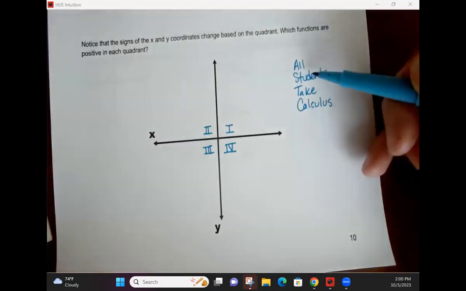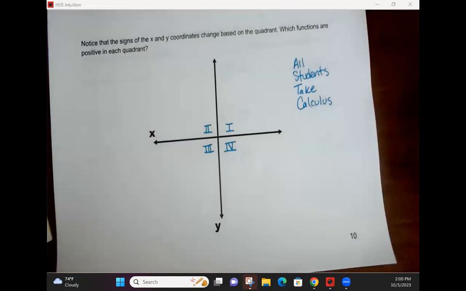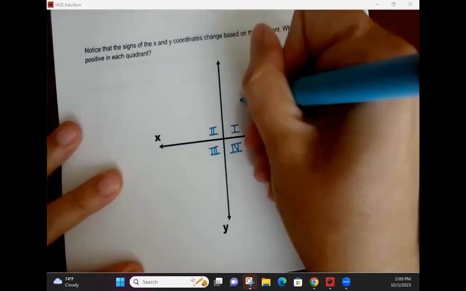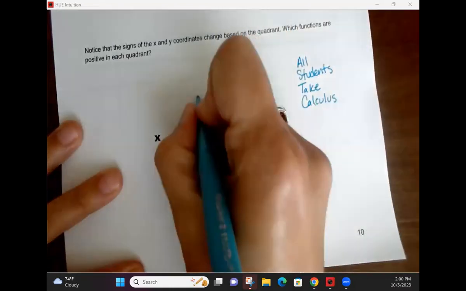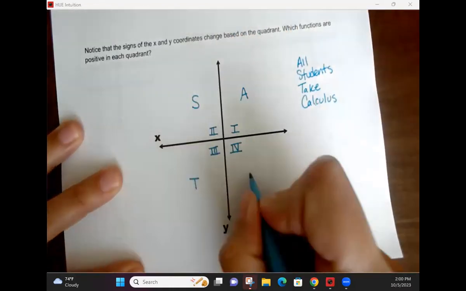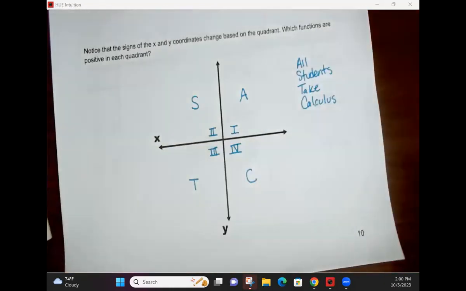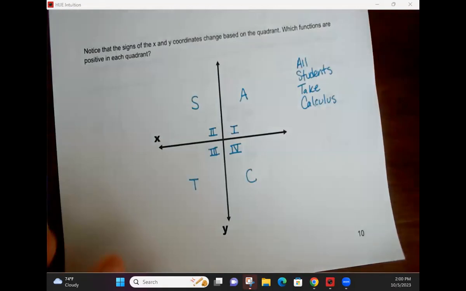I've also seen a very smart trig class, but I learned all students take calculus, and it follows the quadrants to tell us which functions we should expect to be positive based on what quadrant my angle lies in.